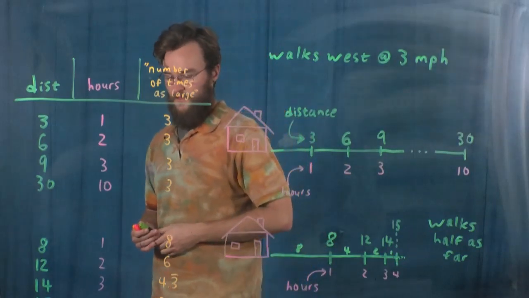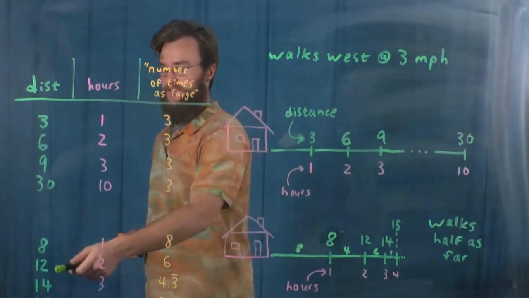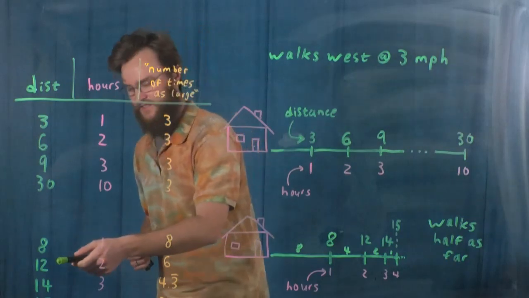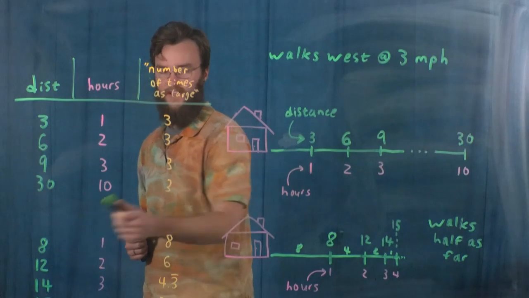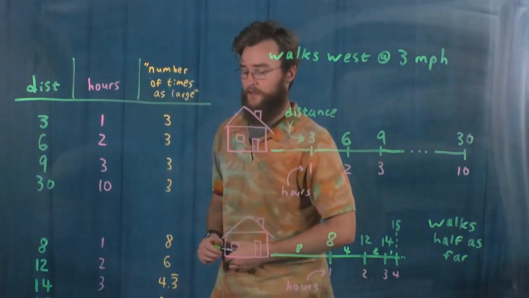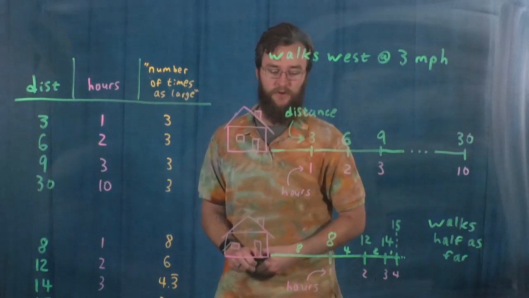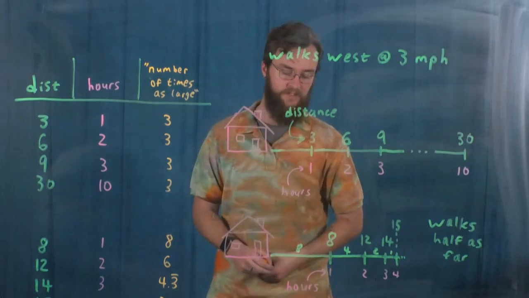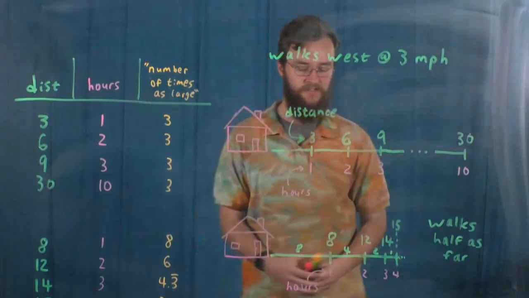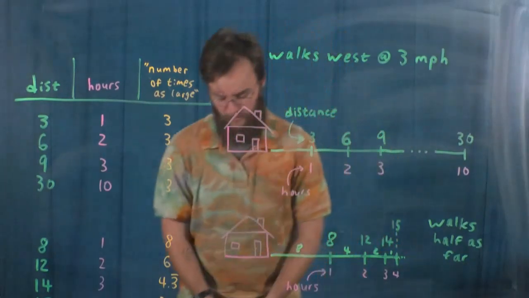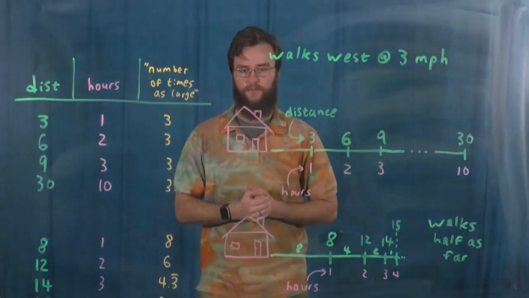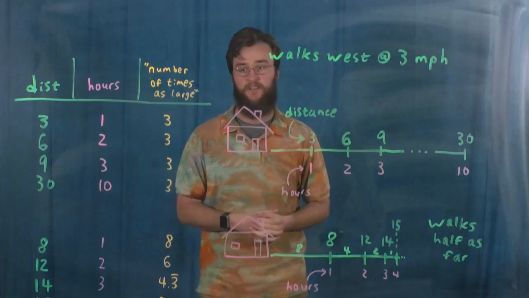After 2 hours, the distance they've traveled is, getting myself mixed up, the distance they've traveled is 6 times as large as the number of hours they've been walking. And this is pretty much just a really overemphasized way to say that Levi is not traveling at a constant speed here.